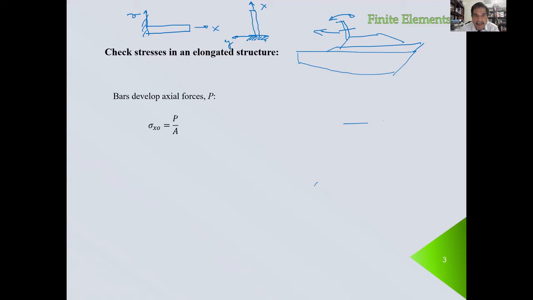So you could have an axial force. Let's suppose that in this case, we have the weight pointing downwards. So in this case, P is going to be negative, compression. So as a result of that, we can have this sigma X uniform.